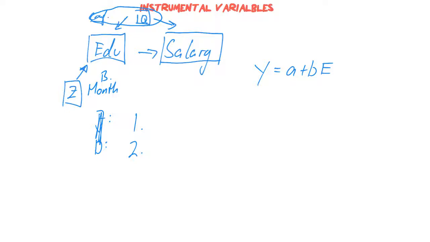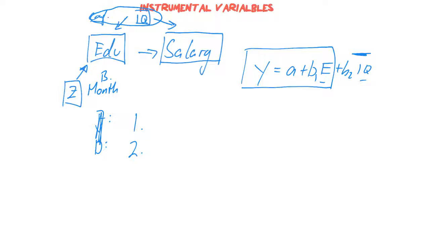And the problem is you can't just run this regression because you should have included, let's call this B1, B2, IQ. You should have included IQ, and there's a correlation between the education and IQ. So if you just run this part, you will get an error because this education part will pick up the effect of IQ. So you'll overestimate the effect of education if you don't have this IQ.